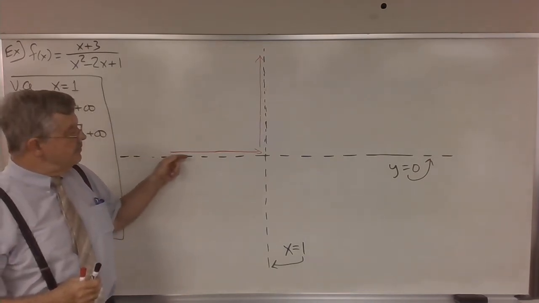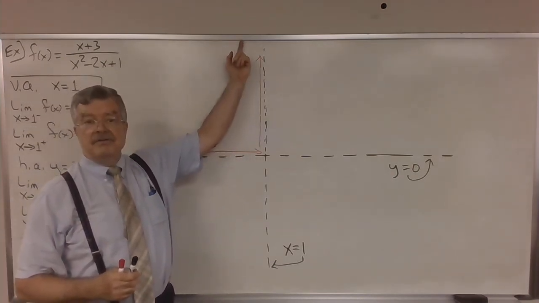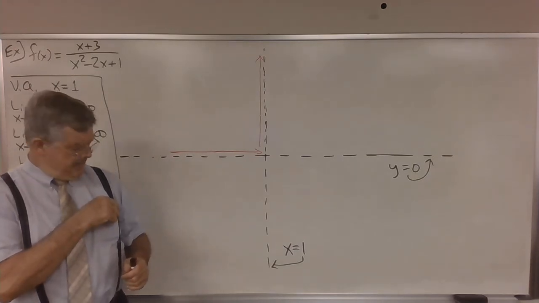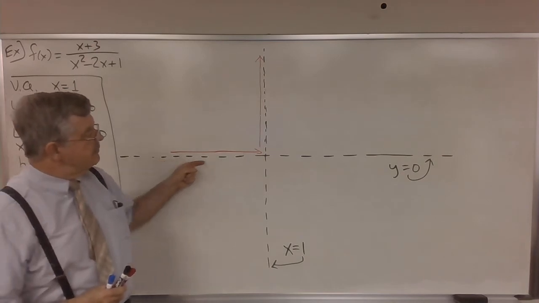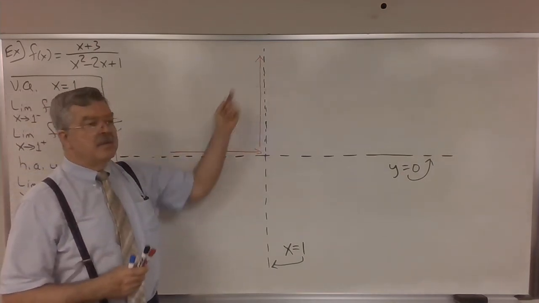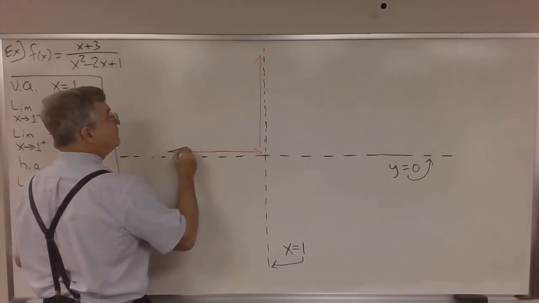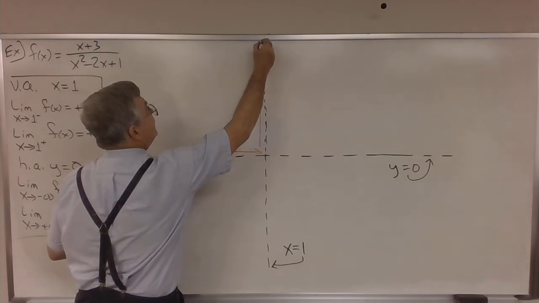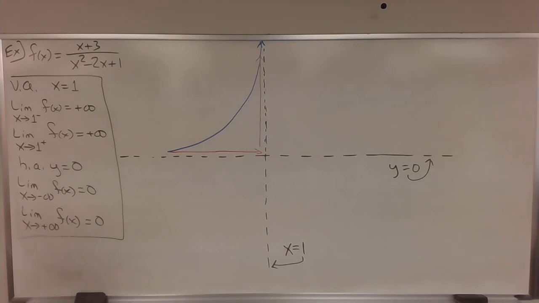And both of those things happen simultaneously. The net effect of x moving from left to right and y going up is that the graph moves like this. Okay, that looks pretty good.